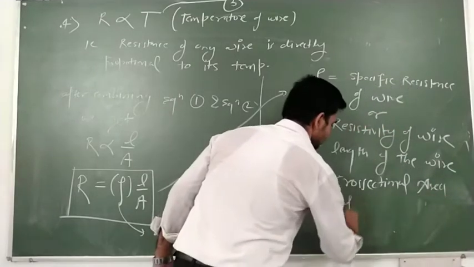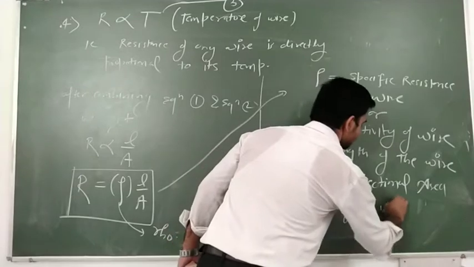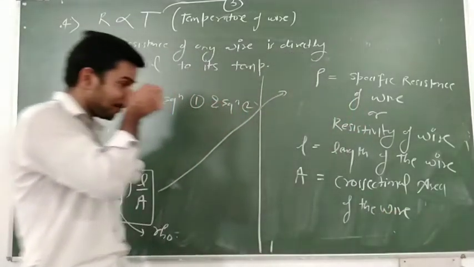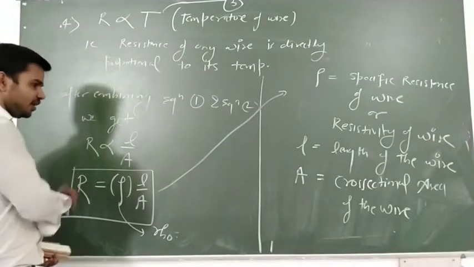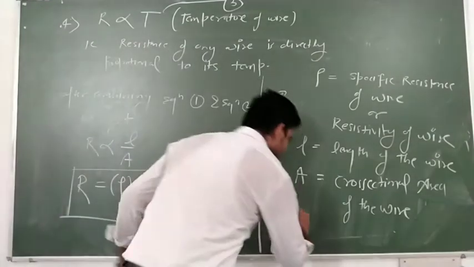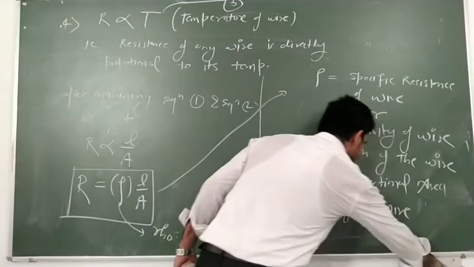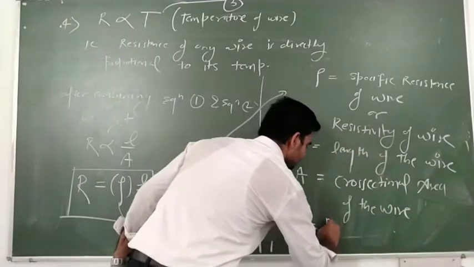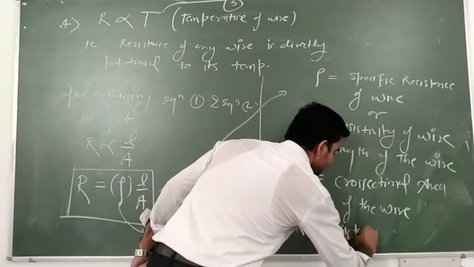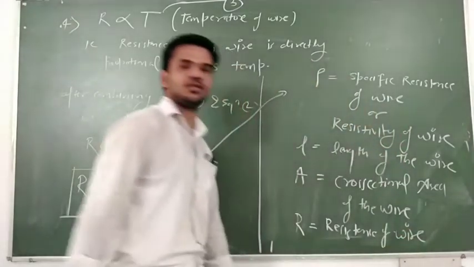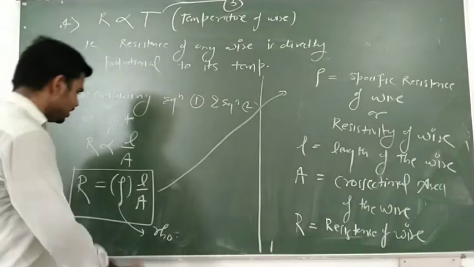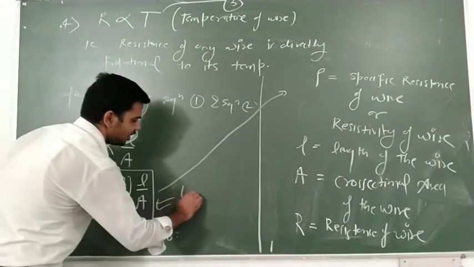R stands for resistance of wire. That's it.